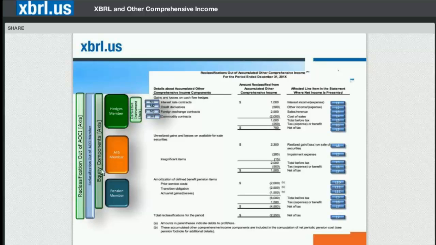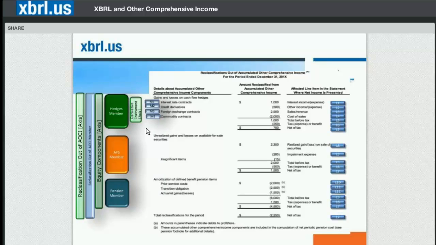The second is the equity components axis, which is used for applying the components of AOCI to the facts to which each pertains. So some of these are hedges, some of these are AFS, and some of these are option related.